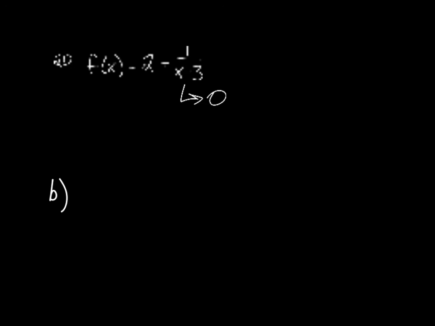Okay, and so now for part C, it's the same question. Is f greater than or less than this functional value 2 when x is negative in magnitude? So again, what they're really asking is, what's going on when x is approaching negative infinity? Well, if x is approaching negative infinity, we keep plugging bigger and bigger negative numbers in.